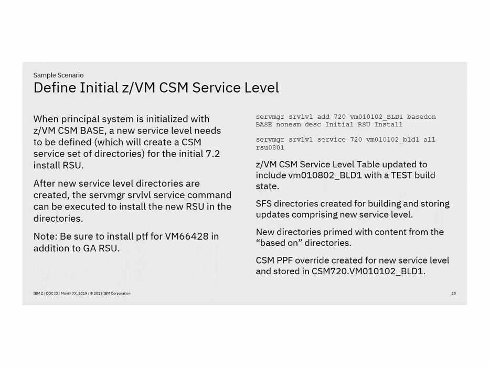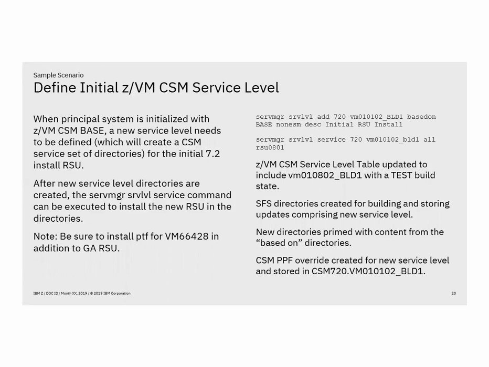I'm basing this service level on the keyword BASE. So this is the base set of directories that were just created with the initialize command. It's a non-ESM service level. Following the DESCRIPTION keyword, I can type any string I want, a comment that indicates some relevant information about this service level. In my case, it's the initial RSU install.